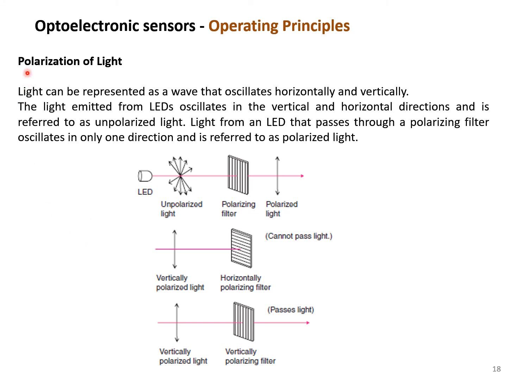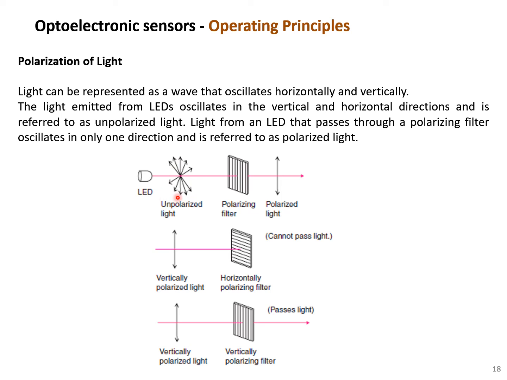To understand the property or characteristic of retroreflective sensors, we need to understand the polarization of light. This is one property of light. Light can be represented as a wave that oscillates horizontally and vertically.